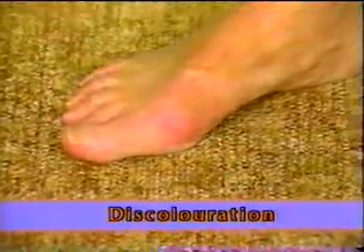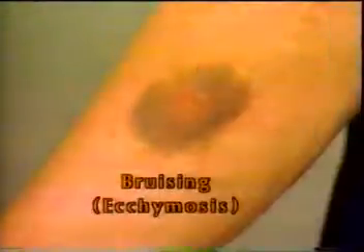Atrophy. Significant atrophy or wasting of a muscle group or groups may be noted on inspection. Discoloration. Note any redness, bruising, or ecchymosis.